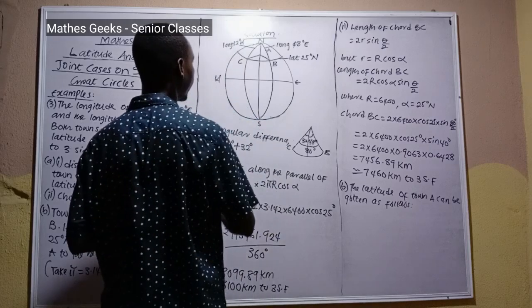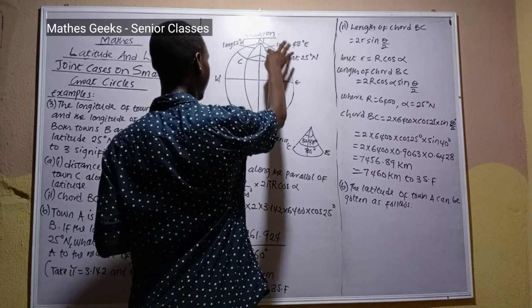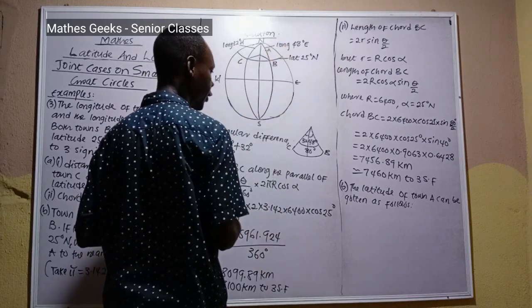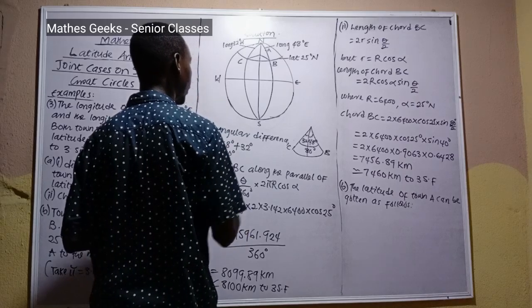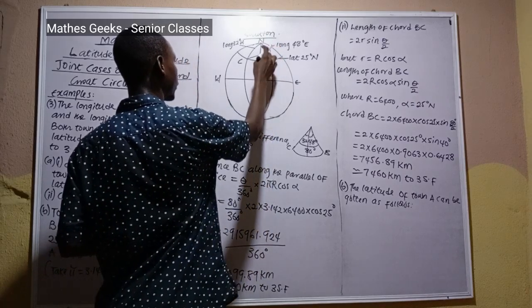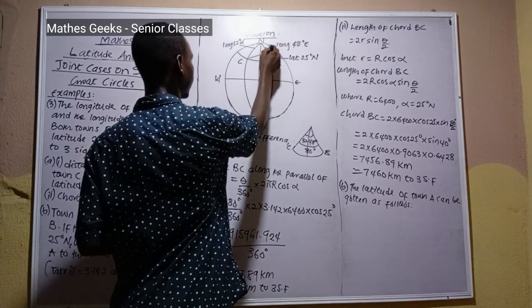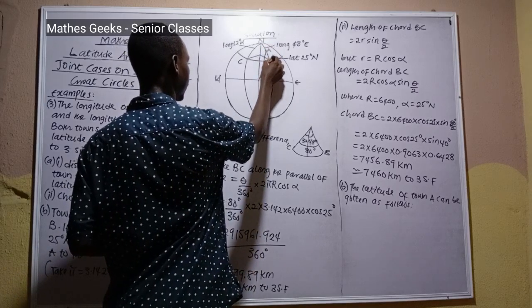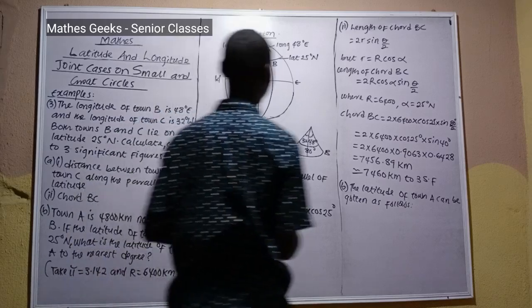Since they are on the same line of longitude, the distance is the great circle route. So we can connect it to the equator. So that's a great circle.